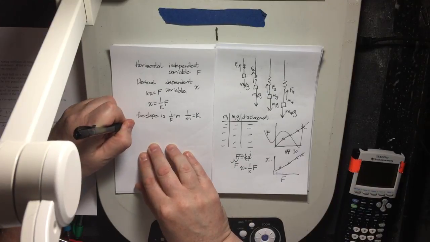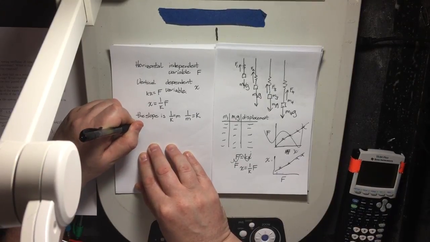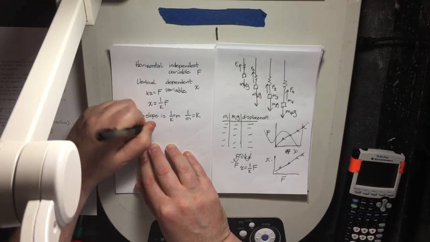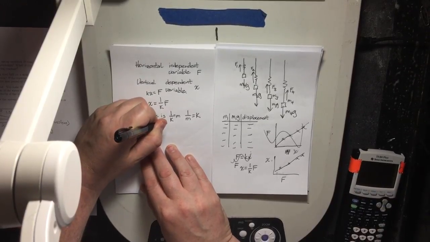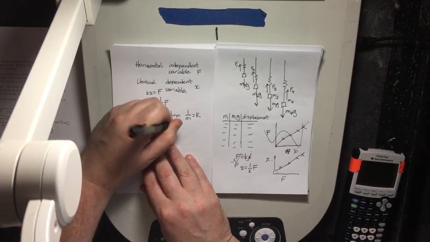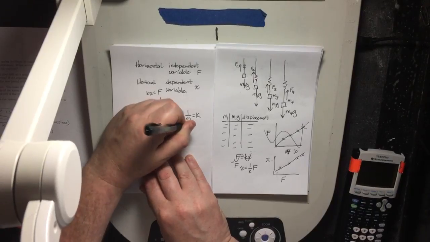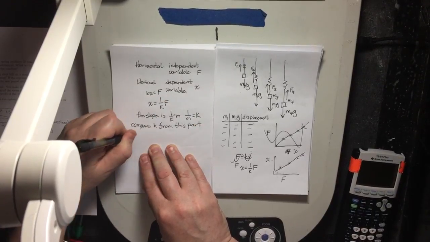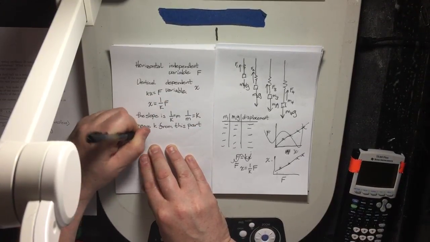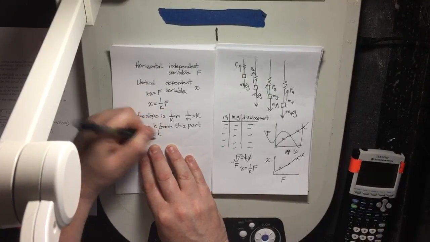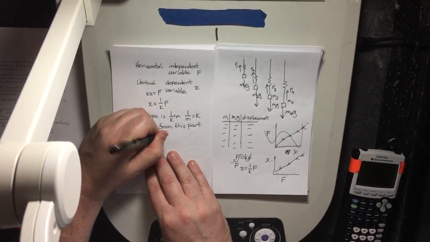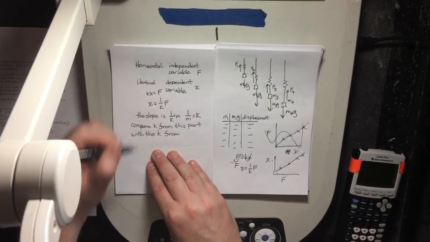And what you do is you compare K from this part with the K from the following part.